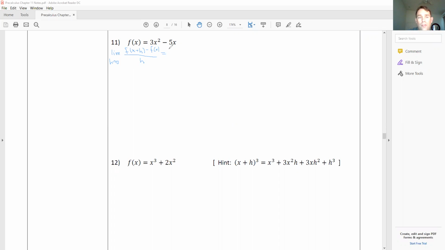Every place I see an x, I'm going to plug in x plus h. So here we go, f of x plus h: 3 times x plus h squared minus 5 times x plus h. And then I'm going to subtract the original function from it.